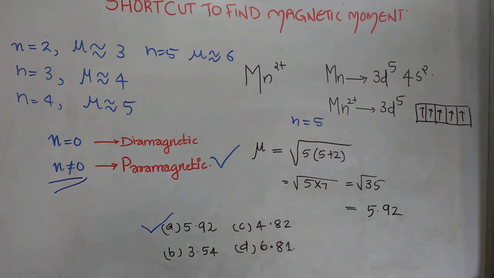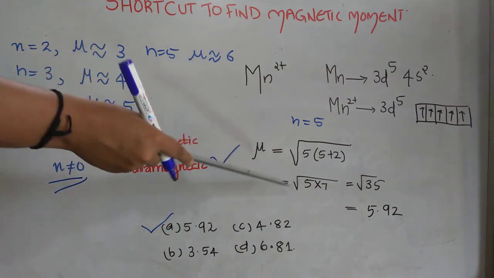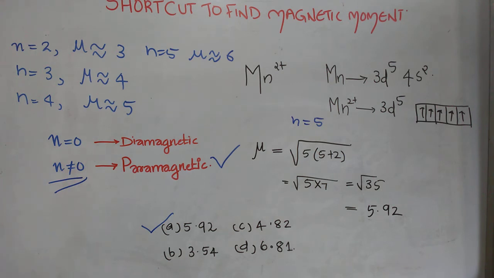We will always have options of this form, and we can save almost 1 or 2 minutes in the examination if we skip the calculation. And you know how much time 1 or 2 minutes can give you, an extra time to attempt 2 or 3 more questions. Now we will check a previous year question from this part and solve this within seconds.